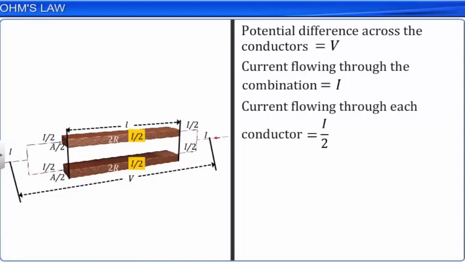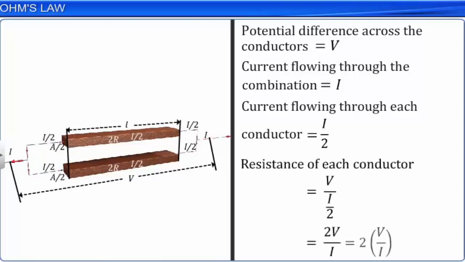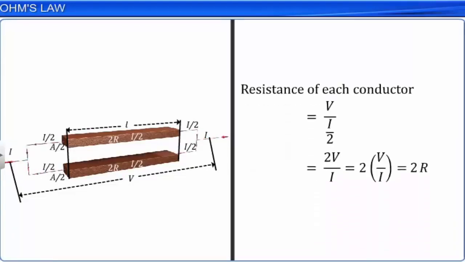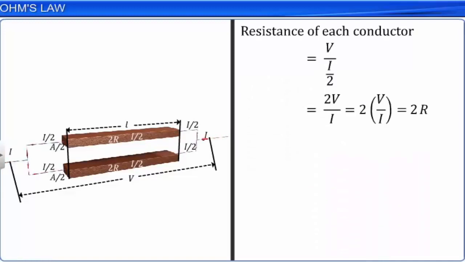Then the resistance of each conductor is obtained as equal to 2R. From this activity, we can conclude that halving the area of cross-section of a conductor doubles its resistance. Generalizing, we can write that the resistance R of a conductor is inversely proportional to its cross-sectional area A. Let this be equation 2.